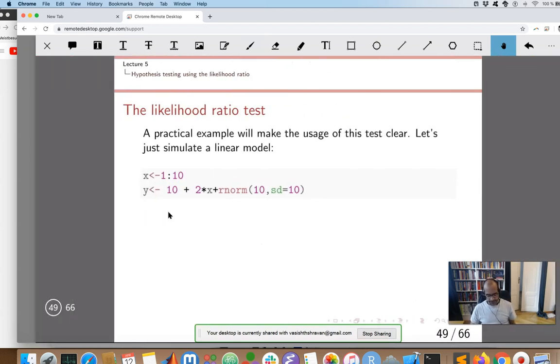All right, so let's do a practical example now to see how the likelihood ratio test would work. I'm going to generate some data y from a linear model where beta 0 is 10 and beta 1, the slope, is 2, right?